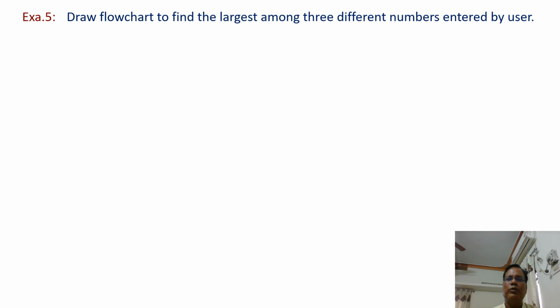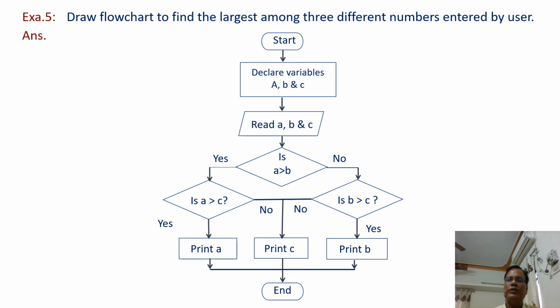Now one more problem. Draw a flowchart to find the largest among three different numbers entered by the user. Now a flowchart may be like this one. So we declare the three variables a, b and c. We read the three numbers and then we compare: is a greater than b?